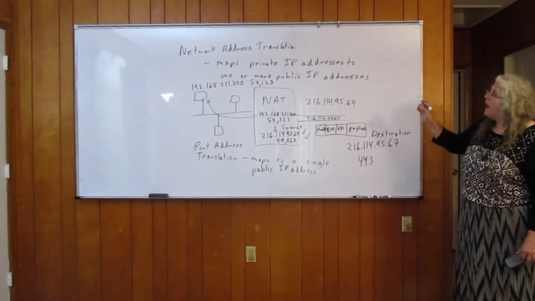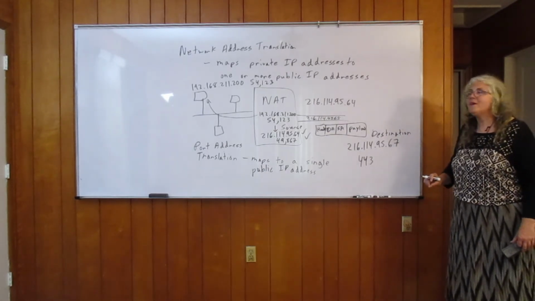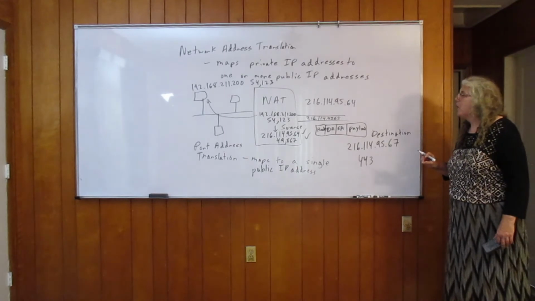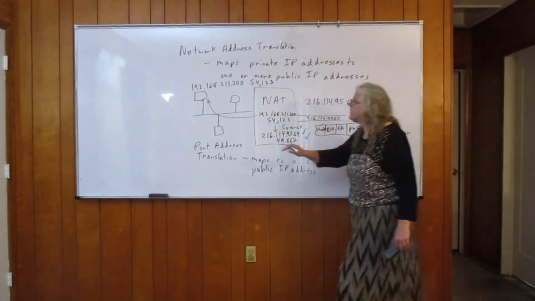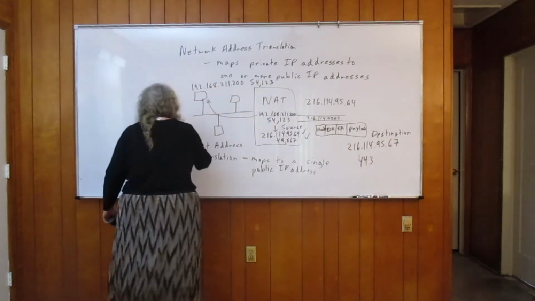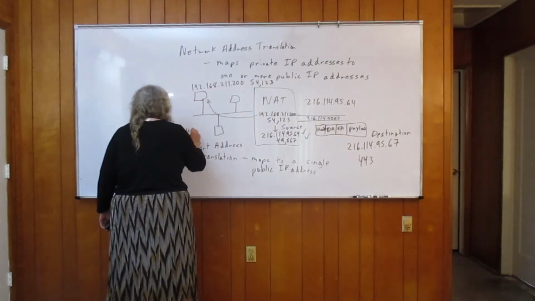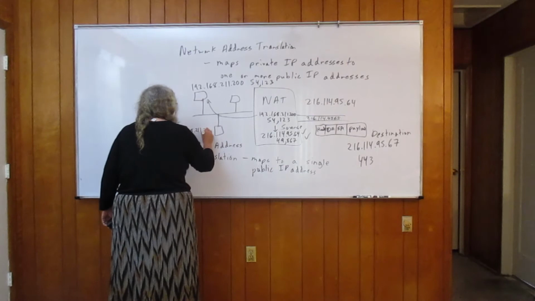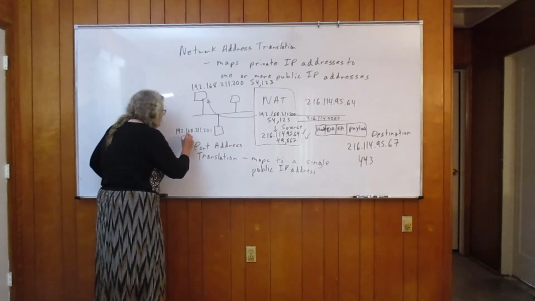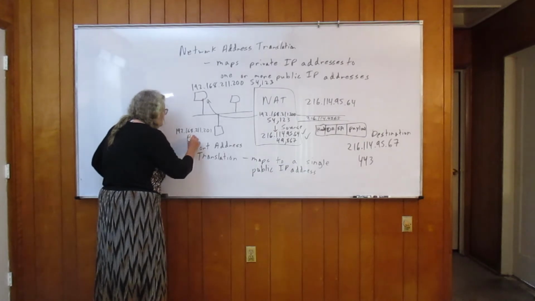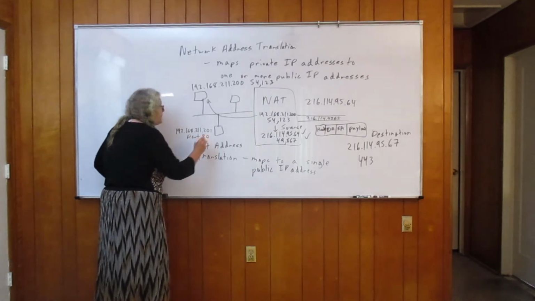Now, another feature that you may see on the router is port forwarding. What does that mean? Well, let's say that we had a web server that was on the 192.168.211.201 host. And let's say that web server was just using HTTP, so it's running on port 80.